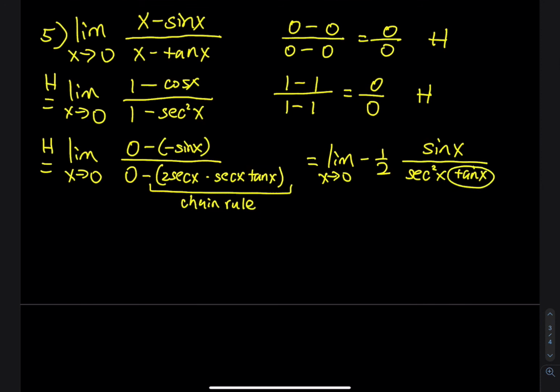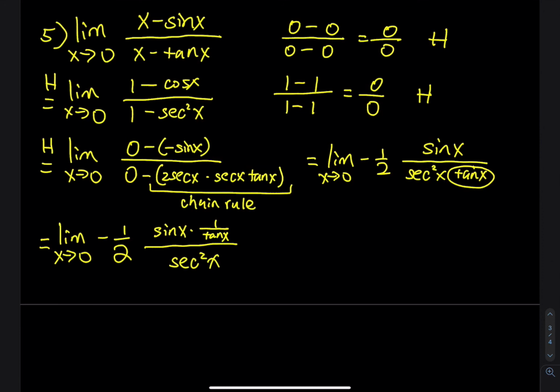So this is a limit as x approaches to 0. We have negative 1/2. And then we have sine of x, and then 1 divided by tangent. That is the only way to put the tangent on top. Divided by secant square x.